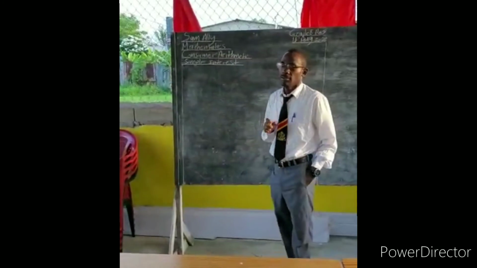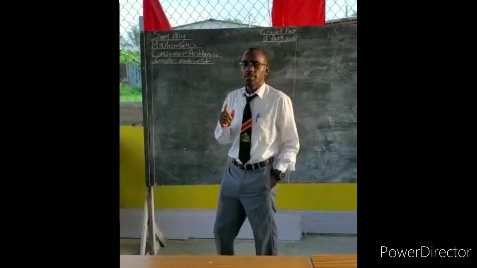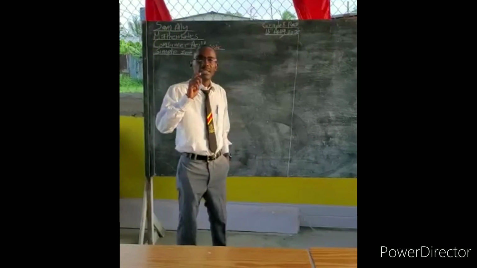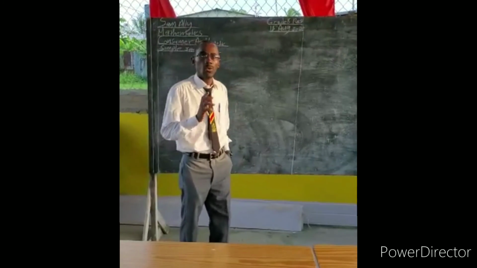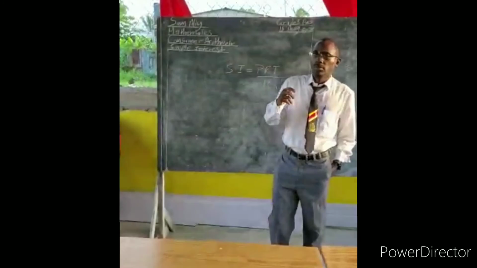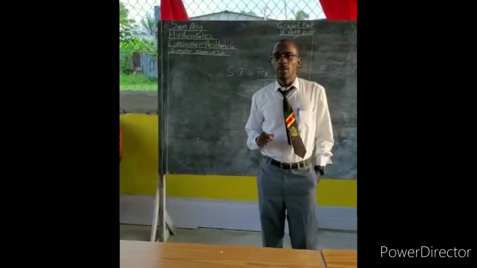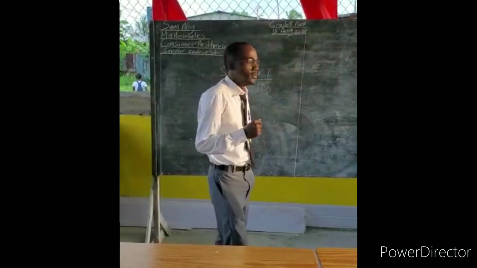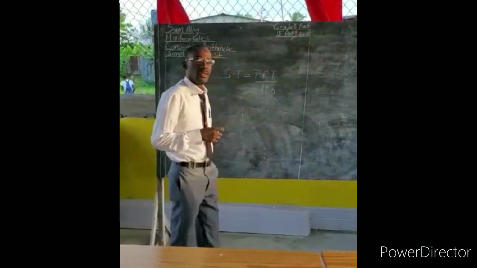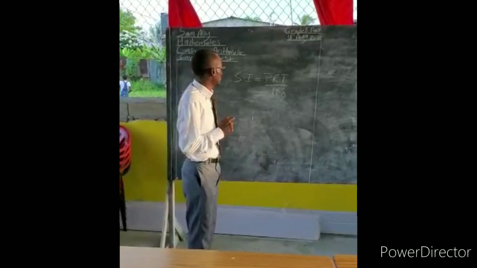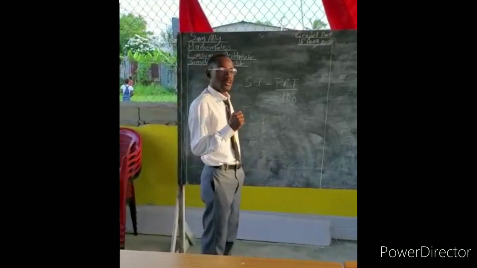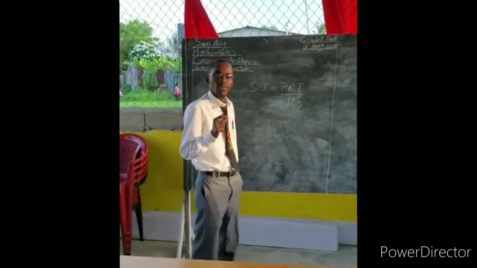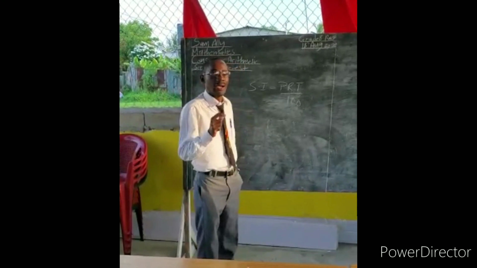Okay, Paul? That is correct. The simple interest formula is SI equals PRT over 100. Always. Now, can someone tell me how we find rate? That is correct. The rate is equal to simple interest multiplied by 100, divided by principal and time.